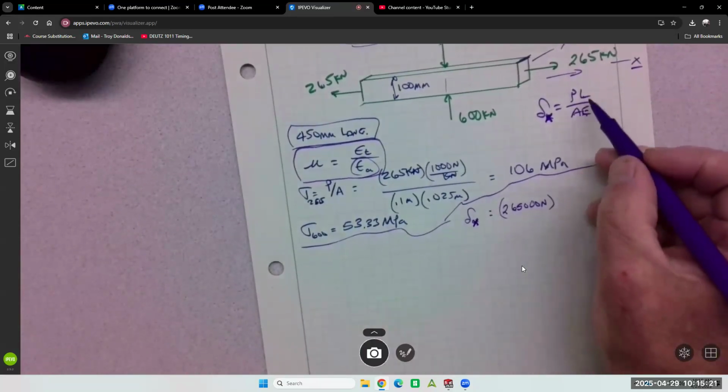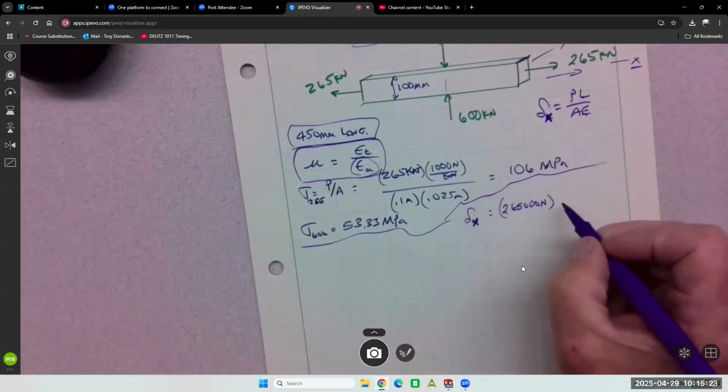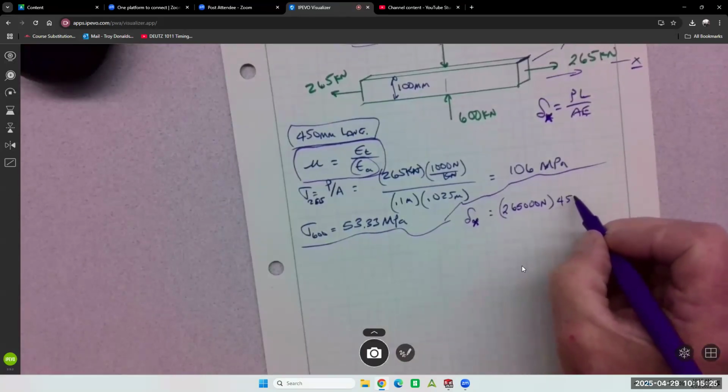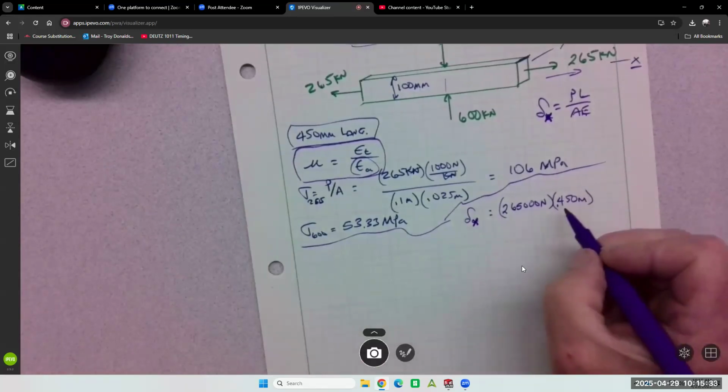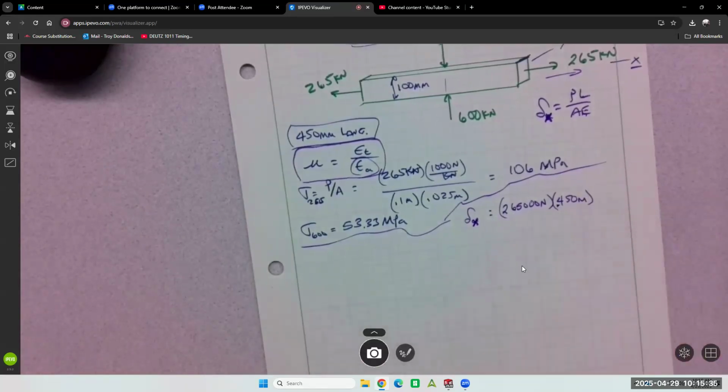I'm going to go with meters, so 0.450 meters. I'm going with newtons and meters. I think that was my issue, because pascals are going to come into play here somewhere, and I just want to put in newtons per meter squared.